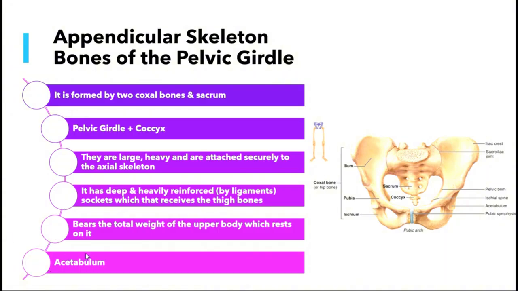This is your acetabulum, where the ilium, ischium, and pubis fuse. Your acetabulum is a deep socket, meaning vinegar cup, and it receives the head of the thigh bone.